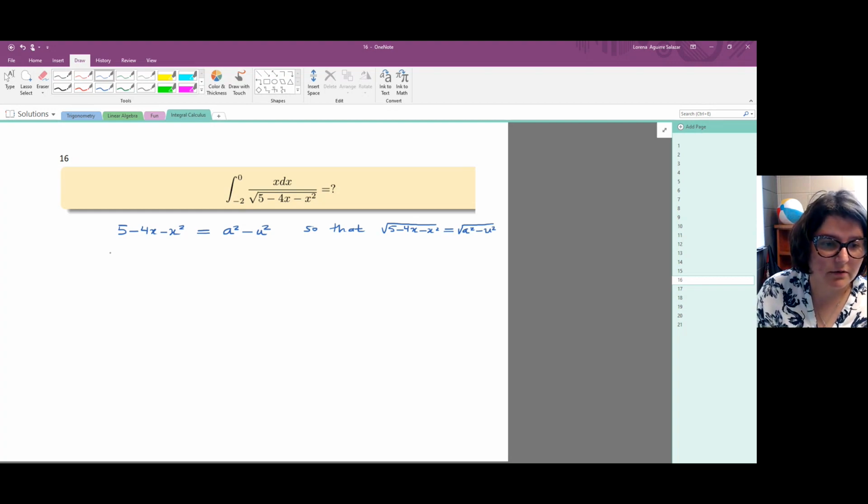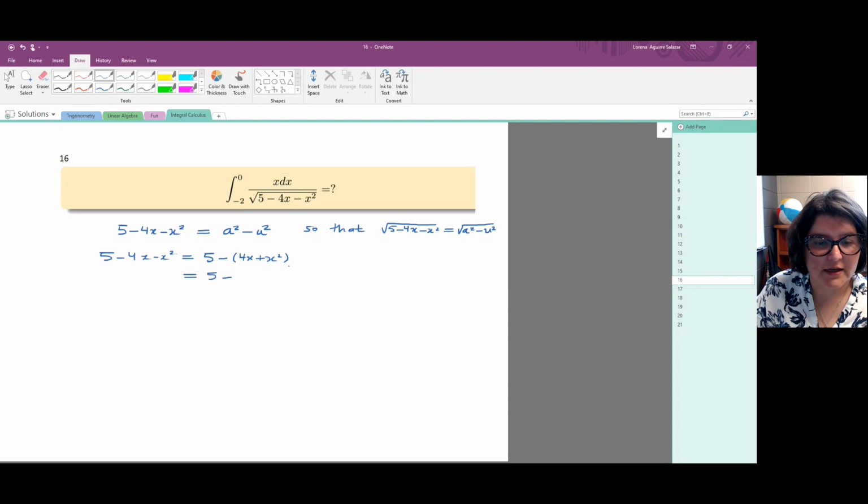Here, to write 5 minus 4x minus x squared as a number squared minus a variable squared, we complete squares. So this is 5, take away, and we can write 4x plus x squared inside parentheses.